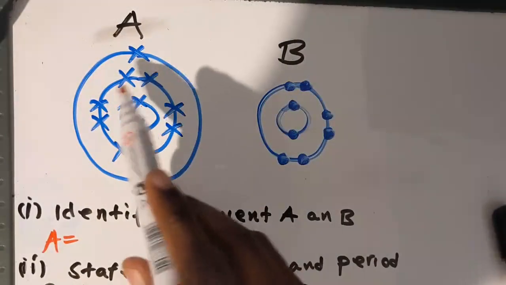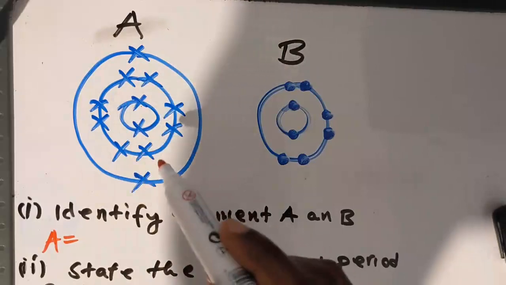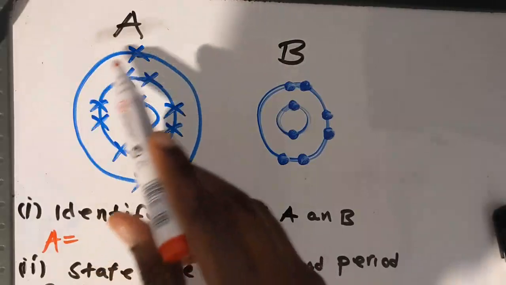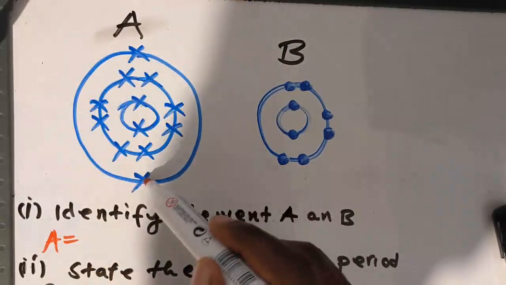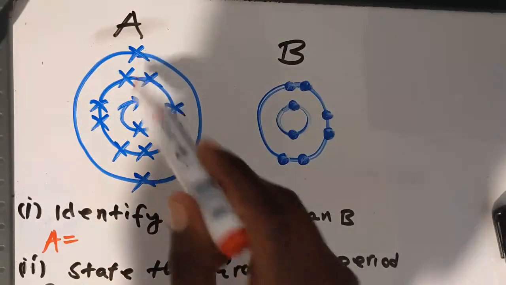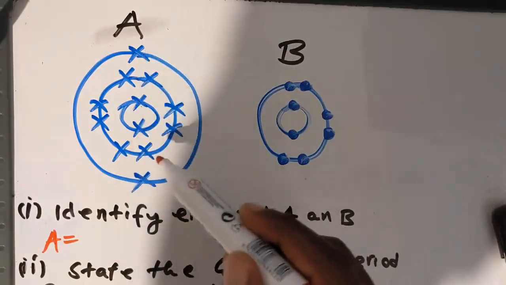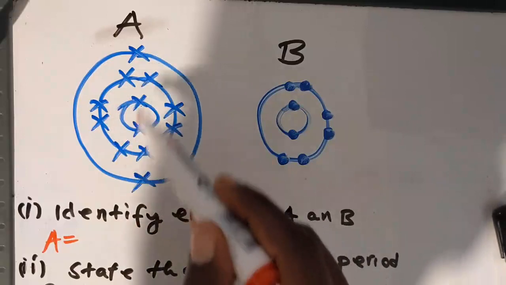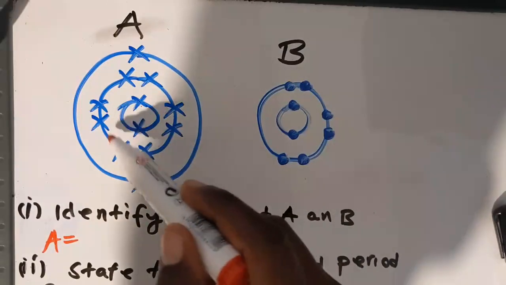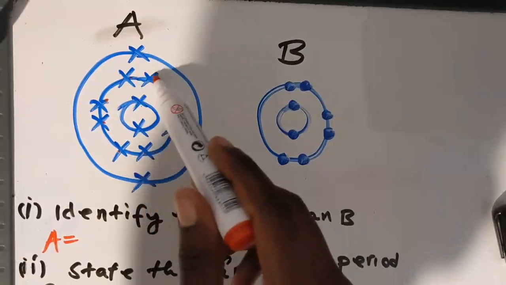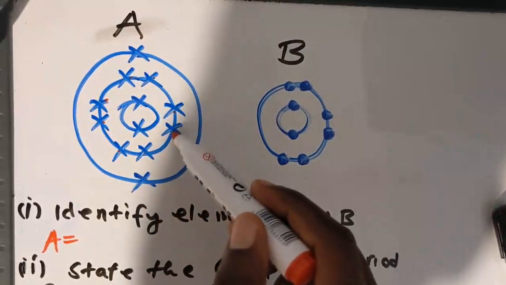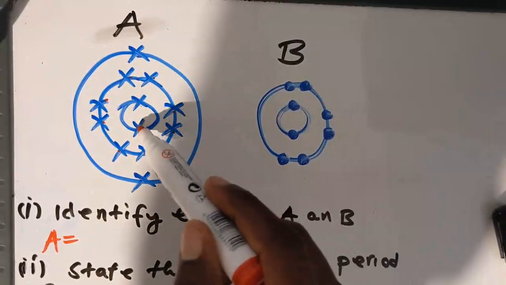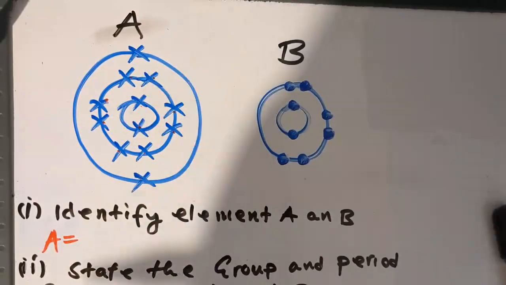So let's try to identify element A. So count the number of electrons. Here, in the outermost shell, we have 1, 2, right? Then we come to the second shell, we have 1, 2, then 3, 4, 5, 6, 7, 8, 9, 10, right? So 11, 12, okay?